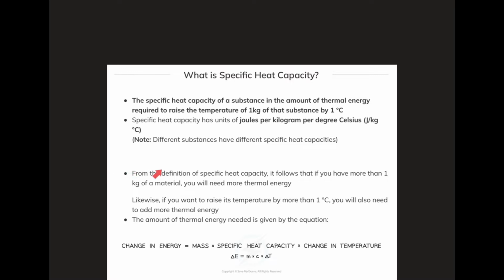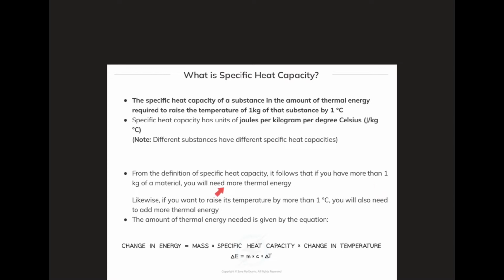From the definition of specific heat capacity, it follows that if you have more than 1 kg of a material, you will need more thermal energy. Let's say you have 2 kg, how do you find the amount of thermal energy required?